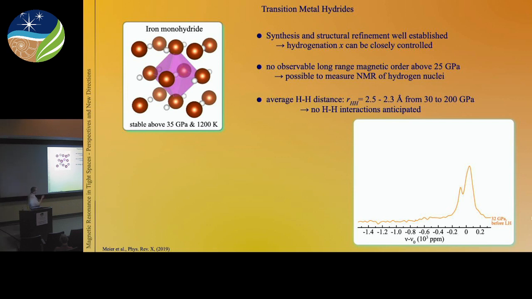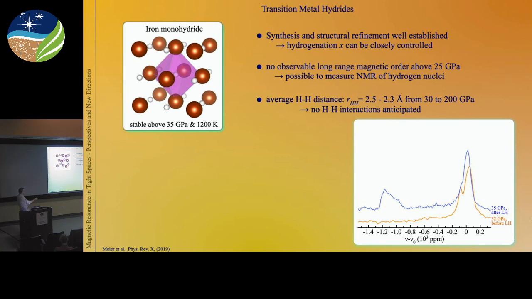Then we put these cells into a double-sided laser heating system in our house and cooked the sample at about 1200 K. Immediately after synthesis, we saw an onset of a second spin system, which was shifted by 1200 ppm, which is of course quite a bit, especially when we're talking about hydrogen.